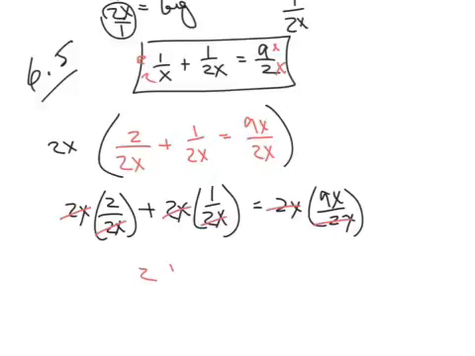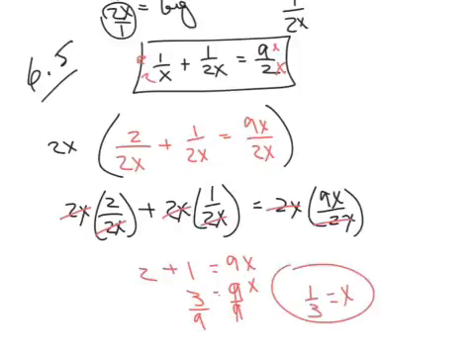And I have 2 plus 1 equals 9x, or 3 equals 9x. And divide by 3, divide by 3. Oh, I'm sorry, not 3. What am I thinking? I'm trying to get rid of the 9, so I divide by 9. And then 3 over 9 reduces to 1/3. That goes away. And that is our x right there.